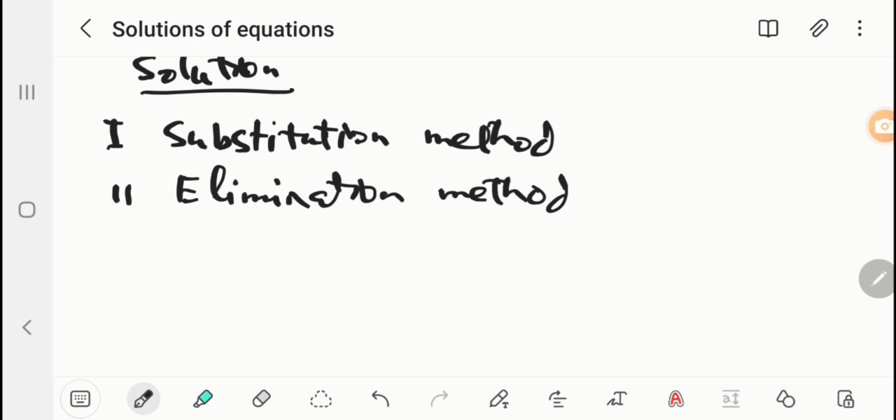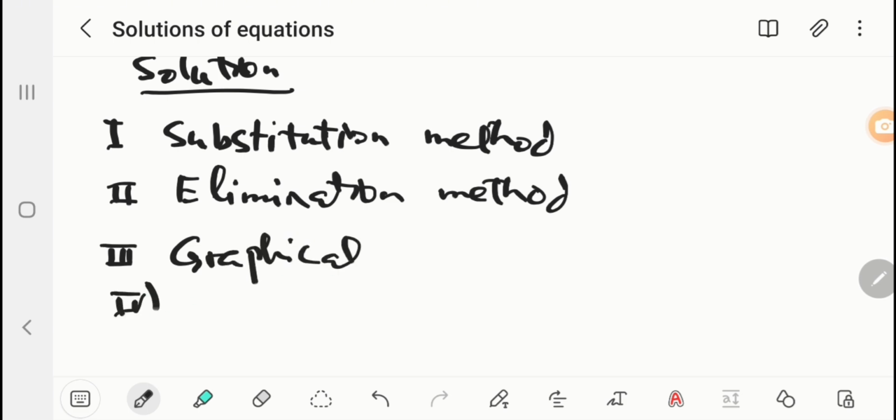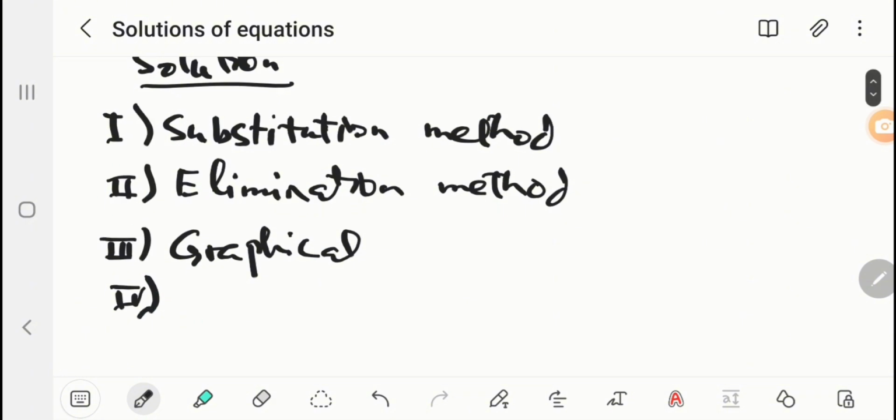There may be two other methods. The third one is graphical, and the fourth one is the matrix method.